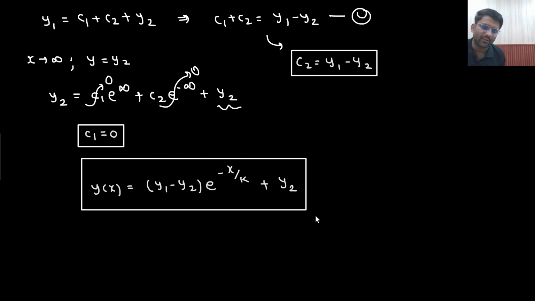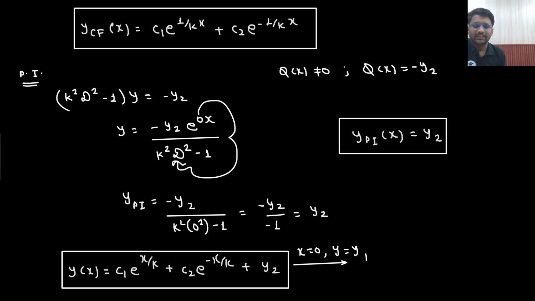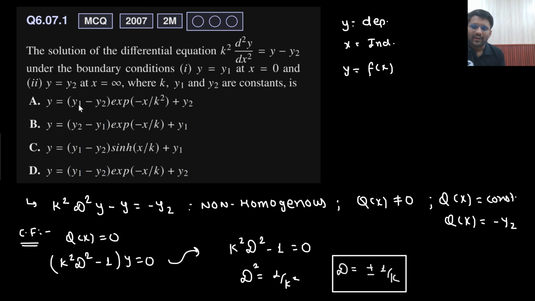That's the answer that you are getting. So (y1 minus y2) e to the power minus x by k plus y2. Option D is correct.